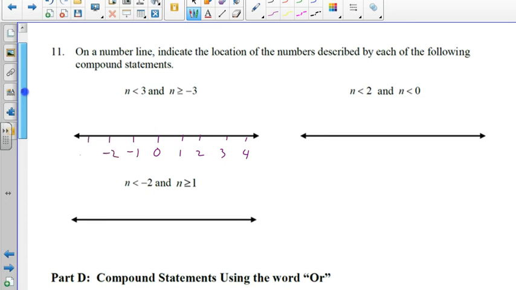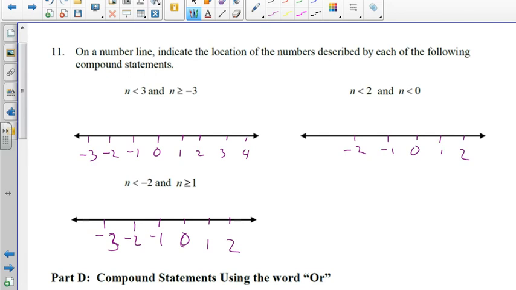Why don't you just stick to like 1, 2, 3? I will pause this.